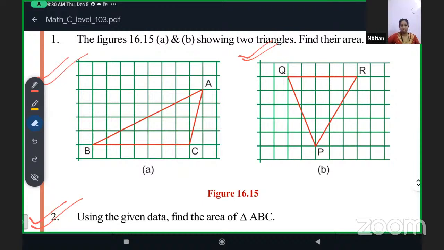Draw the same figure in your graph paper and then do it. Ma'am, could my ruler be faulty? Can the ruler be faulty? Try using another ruler if that is the case. I don't really know about your ruler, so try using another ruler.